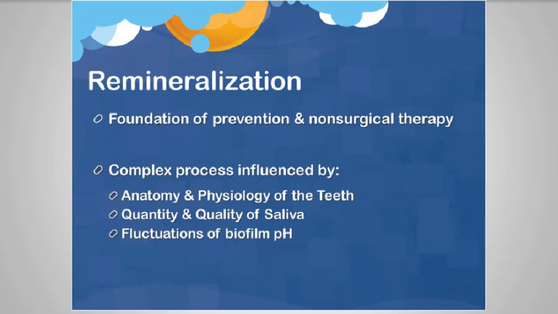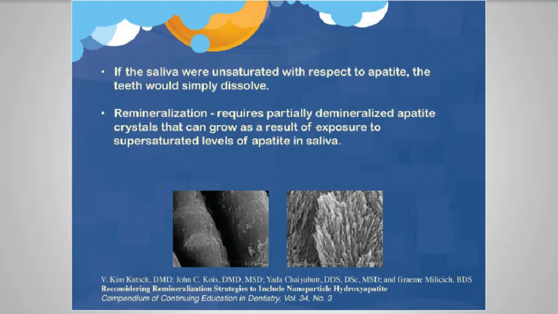The remineralization process, of course, is the foundation of what we do in prevention and non-surgical therapy, but it's a complex process which is influenced by the anatomy and physiology of the teeth, the quantity and, of course, the quality of saliva, and the constant fluctuations in the pH of the biofilm that inhabits the oral cavity. Dr. Kim Couch talked about this in a great article in Compendium last year about saliva.